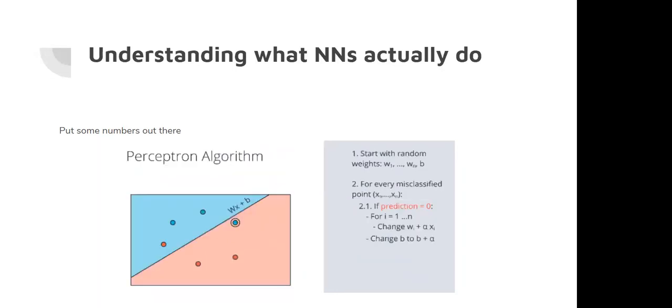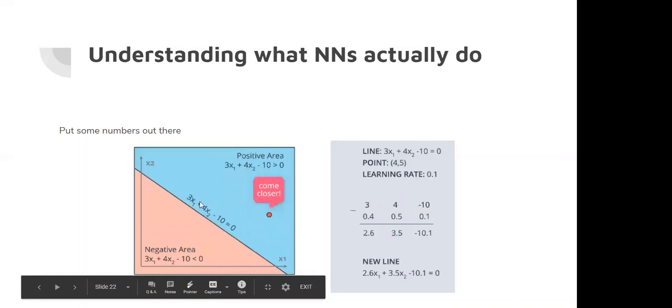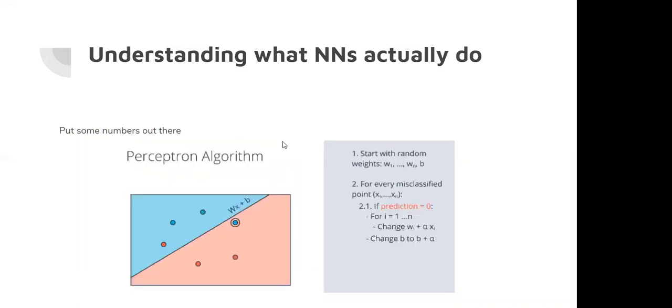You start with random weights, so the coefficients of x1 and x2 start out as random numbers. Then you look at all the points that were misclassified.